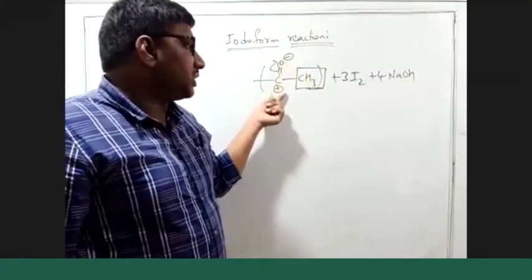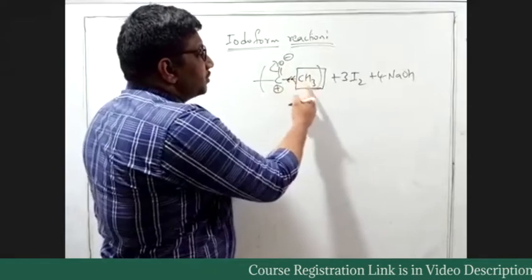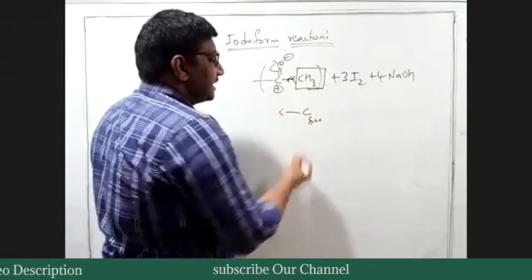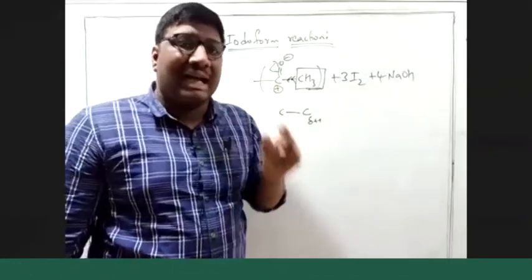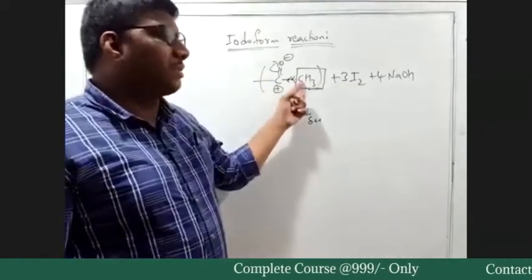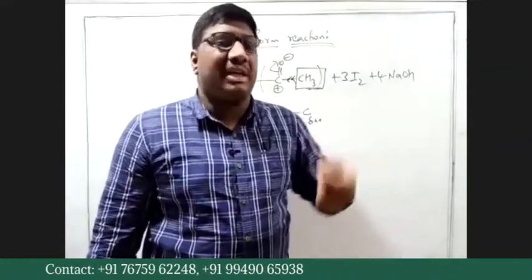Because of this positive charge on carbon, electron density moves towards it, so the alpha carbon gets a somewhat lesser positive charge, but still some positive charge.